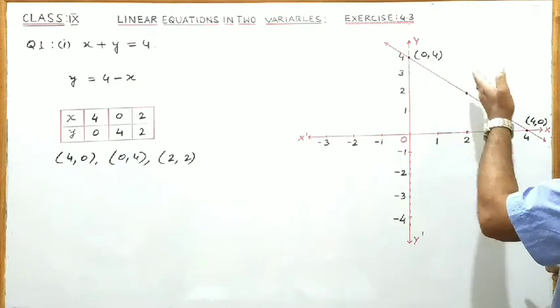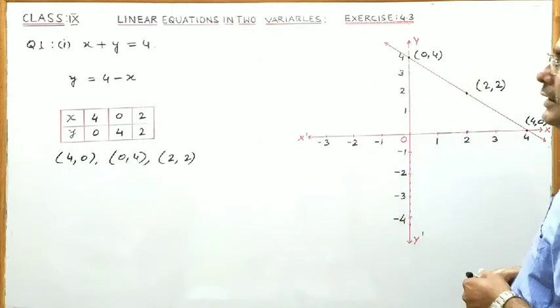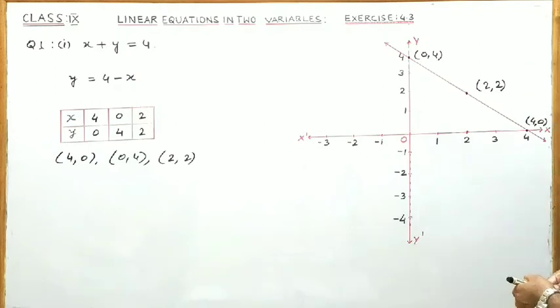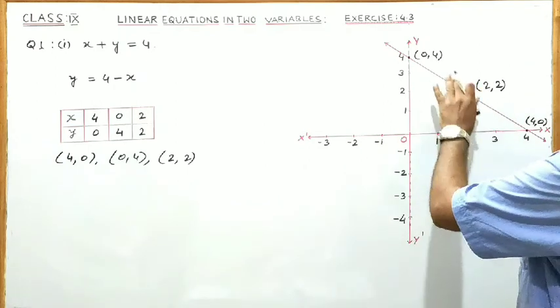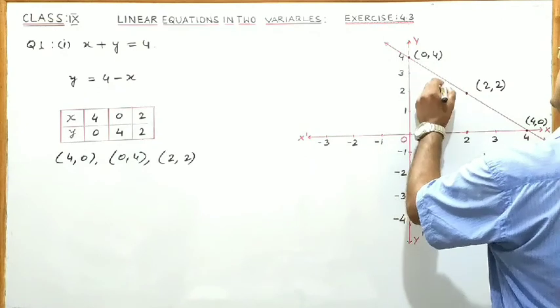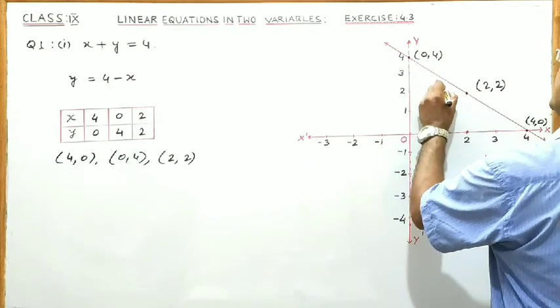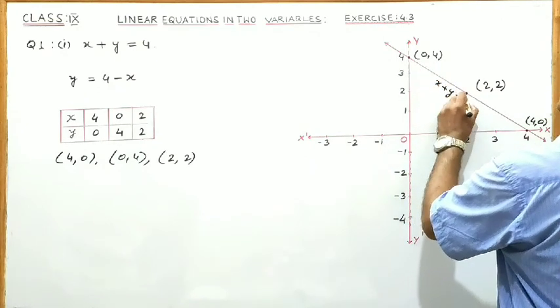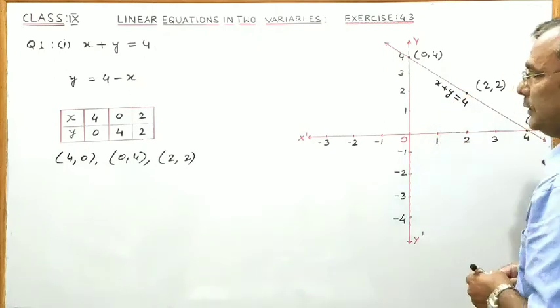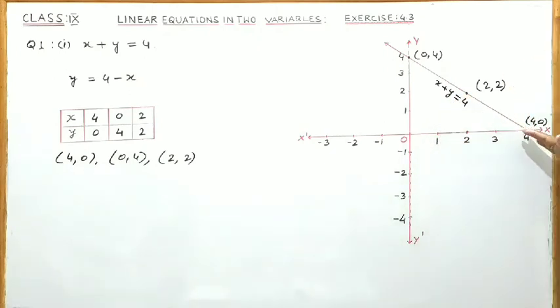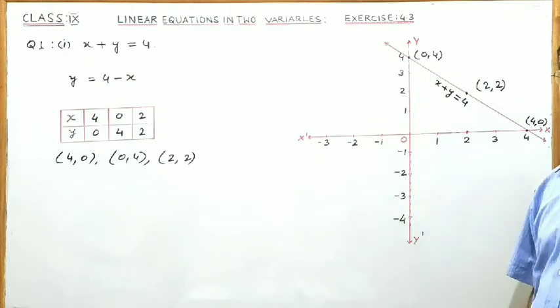And this is the graph of the given linear equation x plus y equal to 4. Near this straight line, write the given linear equation x plus y is equal to 4. And this way, this straight line is graph of the given linear equation.